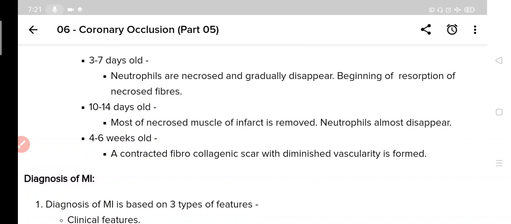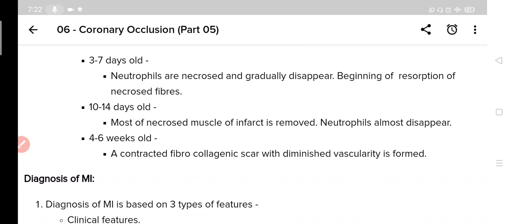At 3 to 7 days, neutrophils are necrosed and gradually disappear, with beginning of resorption of necrotic fibers. Remember, all these features correspond to the features we have seen in the gross part. What you are seeing under the microscope is the microscopic level of what we have seen with the naked eye.